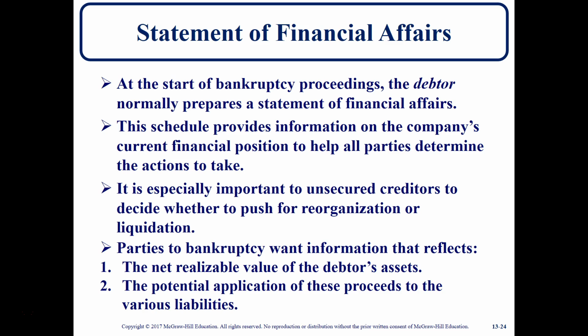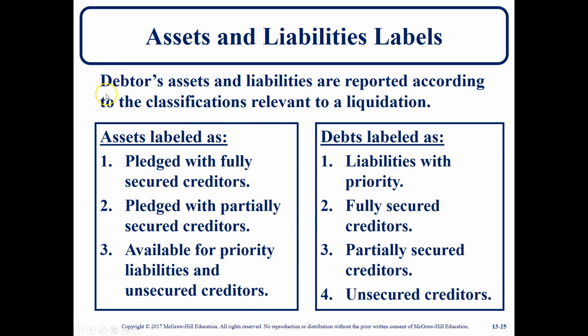Reorganization, Chapter 11. Liquidation, Chapter 7. Parties to the bankruptcy want information that shows what is the true net realizable value of the debtor's assets and the potential application of these proceeds to the various liabilities. The debtor's assets and liabilities are reported according to the classifications relevant to a liquidation.